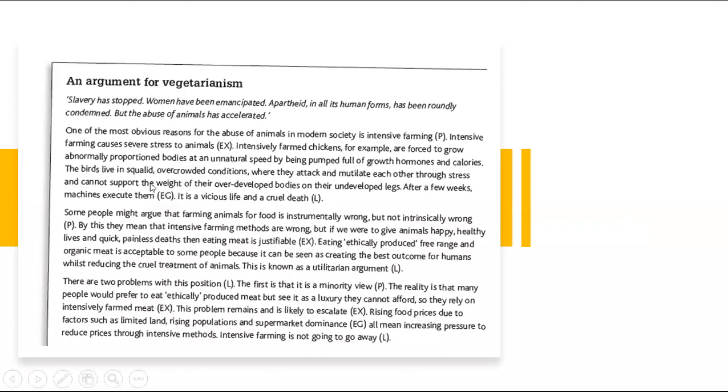By this, they mean that intensive farming methods are wrong, but if we were to give animals happy, healthy lives and quick, painless deaths, then eating meat is justifiable. You're explaining your point. Eating ethically produced, free-range and organic meat is acceptable to some people because it can be seen as creating the best outcome for humans whilst reducing the cruel treatment of animals. This is known as utilitarian argument. Linking it back.